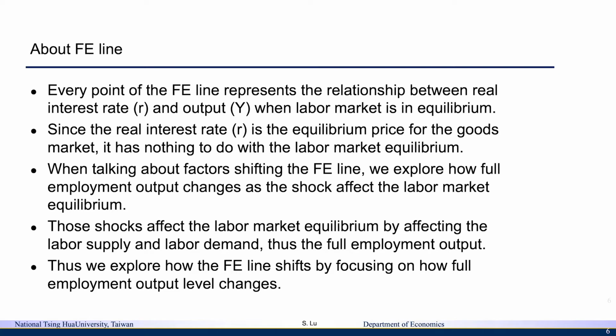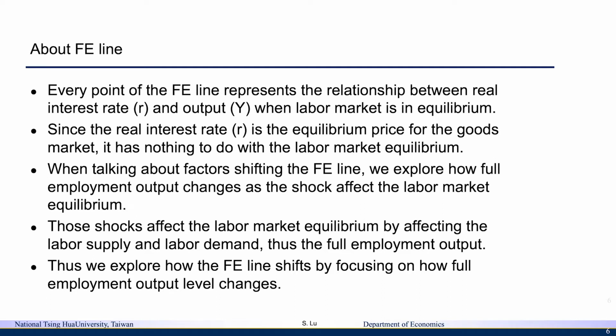Therefore, when we draw the full employment line, the vertical axis is R and the horizontal axis is Y. This full employment line is vertical, and on top of this line, every point represents a labor market equilibrium. This graph is completely different from the labor market equilibrium graph we saw before.